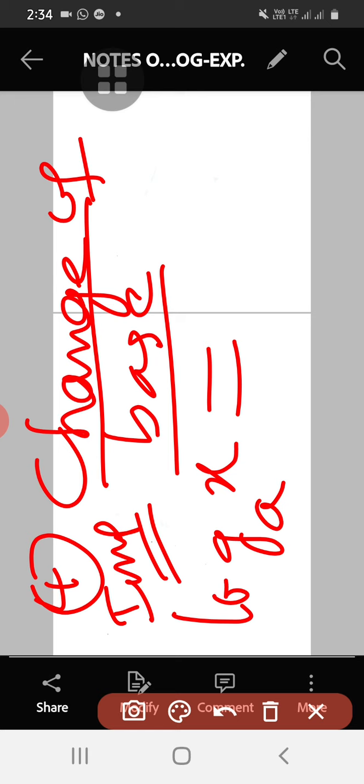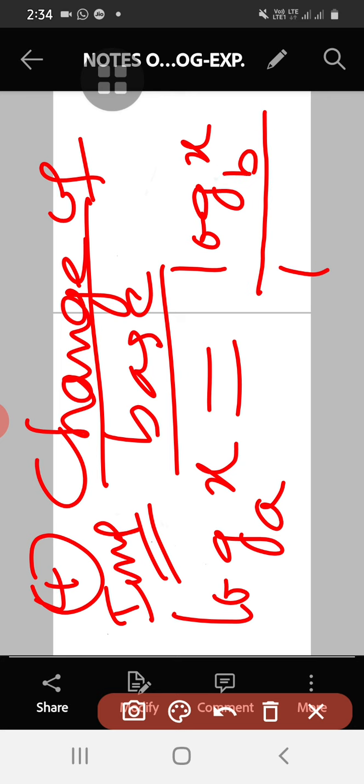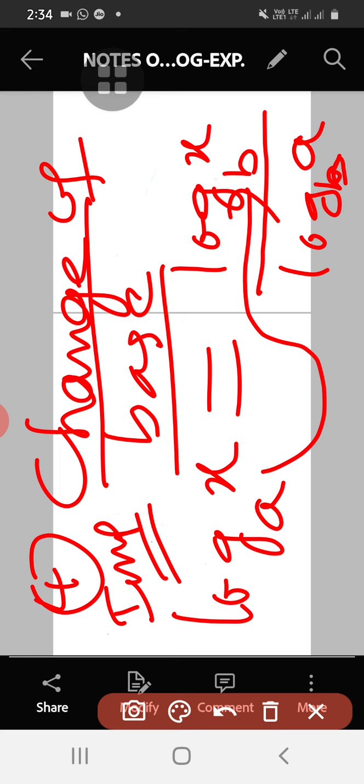If I want to change this log to any other base, then what should I do? If I want to change this log to the base b, then I should write log x to the base b divided by log a to the base b. So I have converted this to the base b.